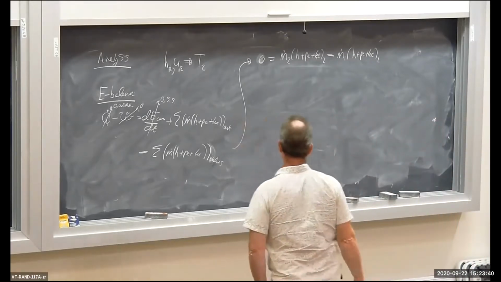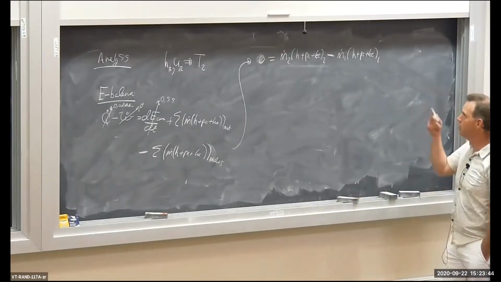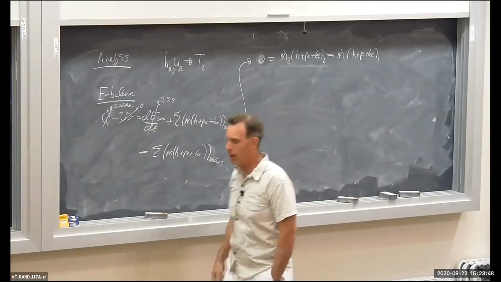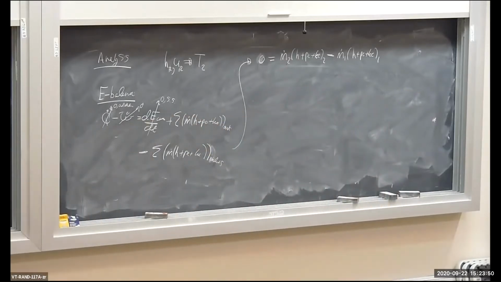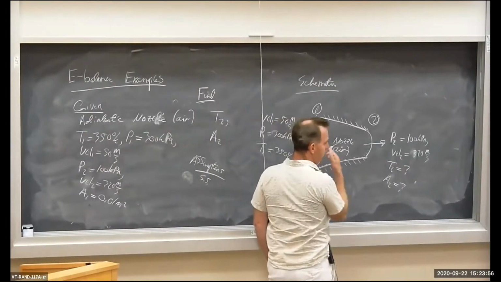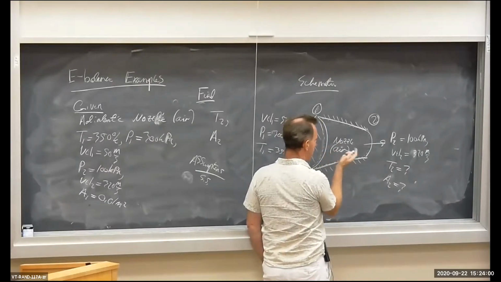Let's see if we can whittle this down a little bit further. What's the relationship between the mass flow going in and the mass flow going out? M dot 1 and m dot 2. Single inlet, single outlet, steady state, that means m dot in has got to be equal to m dot out. Let's prove this.